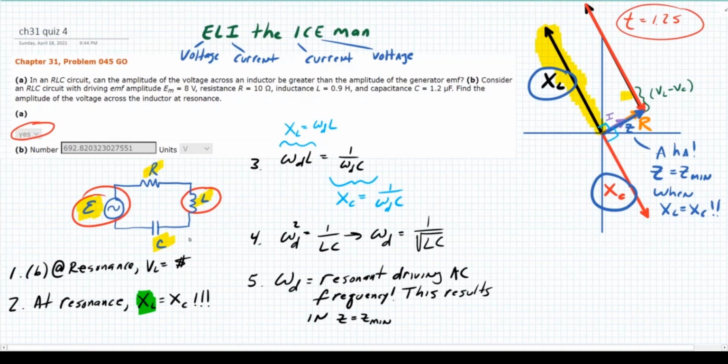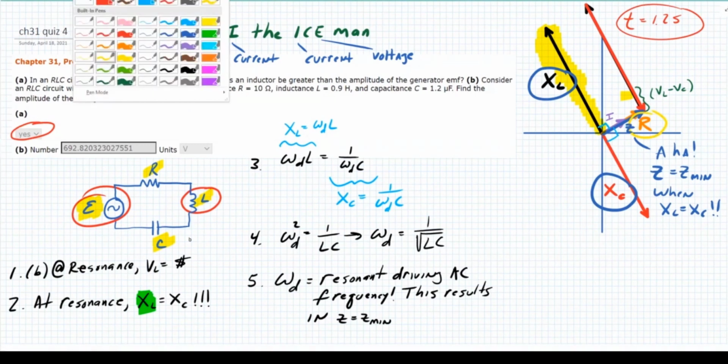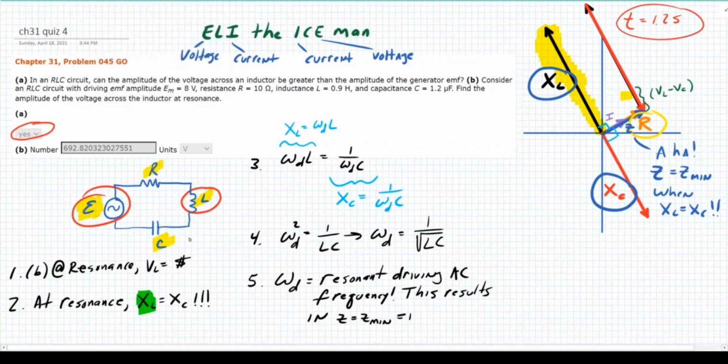And check this out: if the inductor reactance cancels the capacitive reactance, the only resistance you have left is just the resistor right here. Oh, that's not good. The only thing that's left is the resistor value. So Z min at resonance is basically just the R value, equals R.